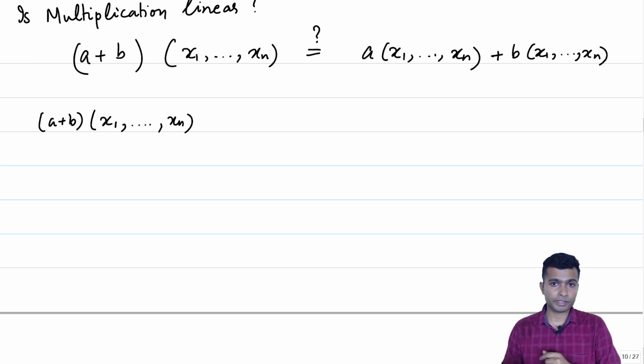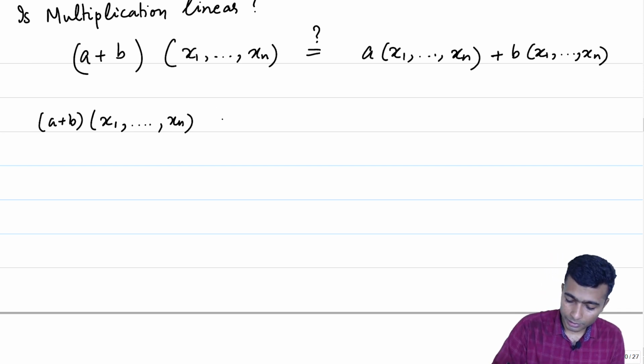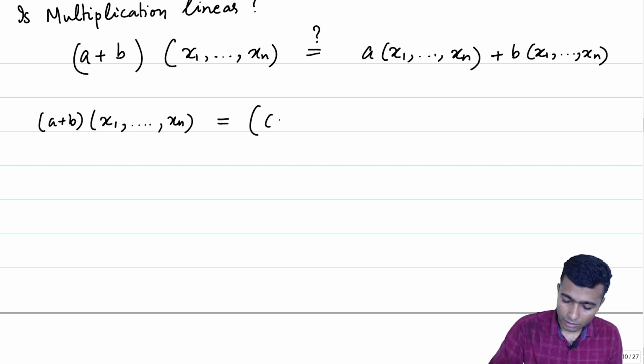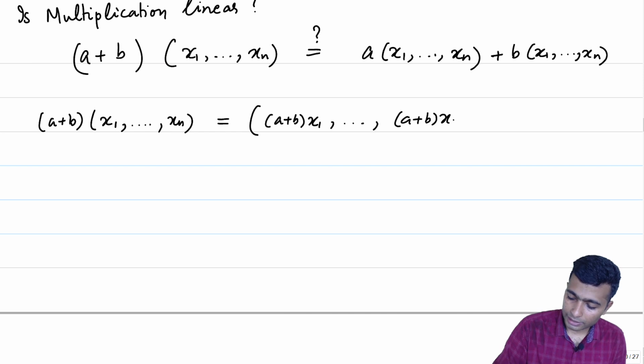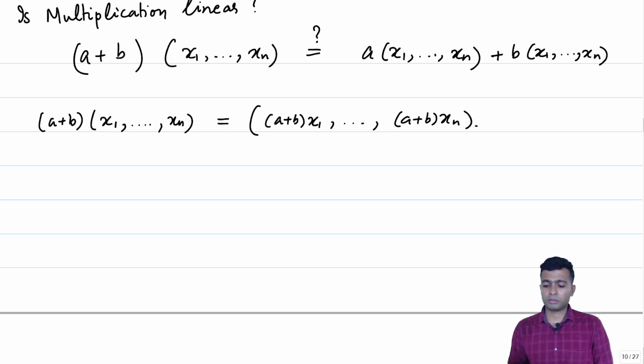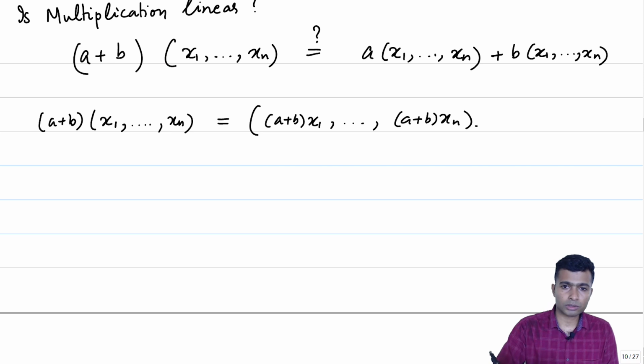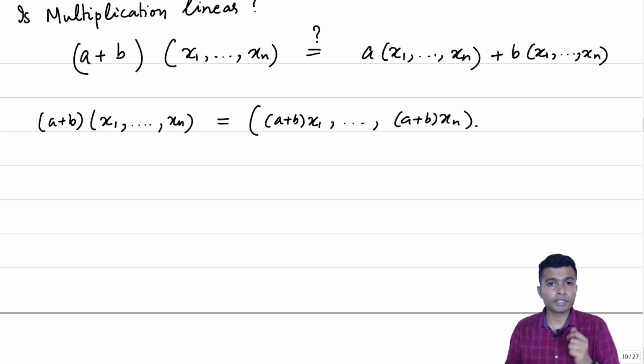This is component wise multiplication, right. Scalar multiplication by definition is a plus b times x1, up to a plus b times xn. But each of the components, if you observe, a, b and x1 all are real numbers, and we are just looking at the distributivity property of the real numbers, right.